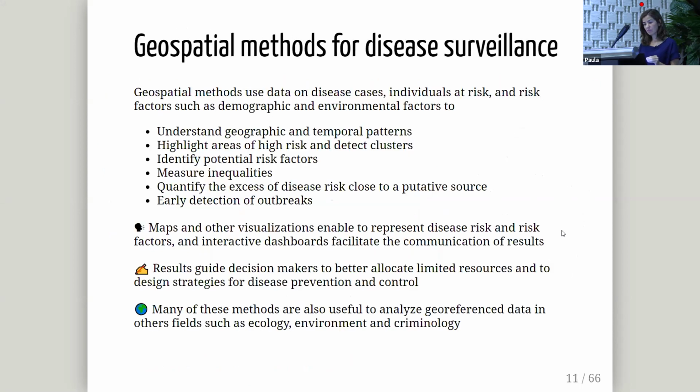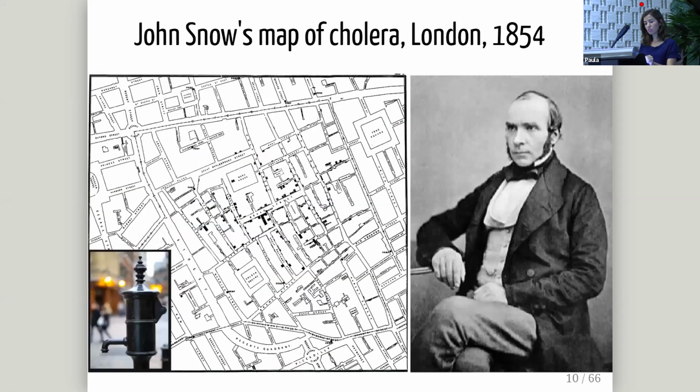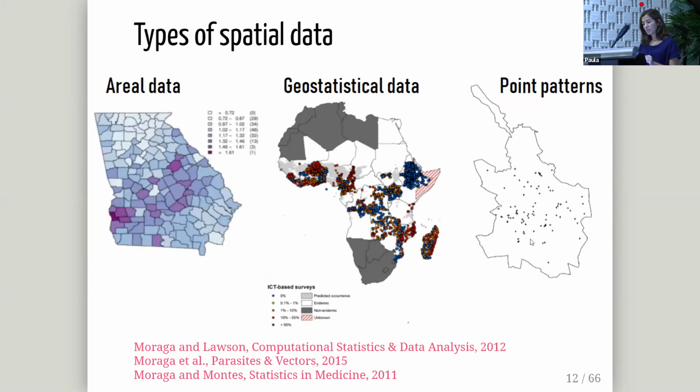This is the same as here, where the dots are the locations of people that died from cholera. And the objective here is to understand what is the process that originates this data. Is this data clustered? Is it at random? Are these points close to a contamination source?